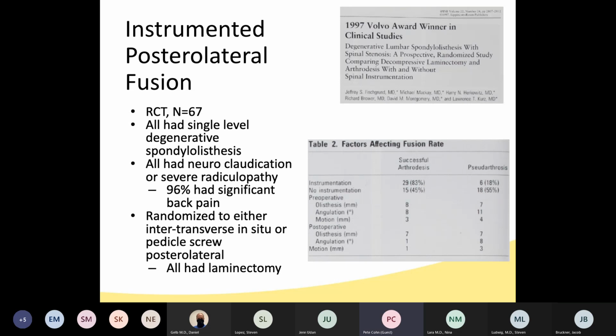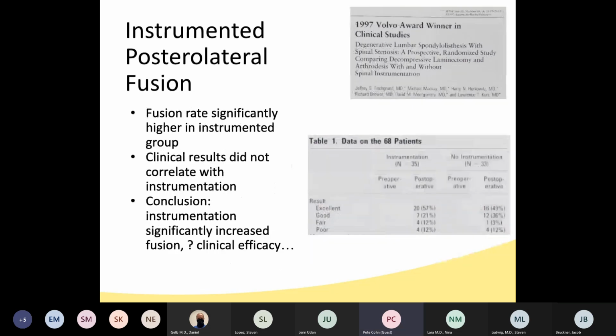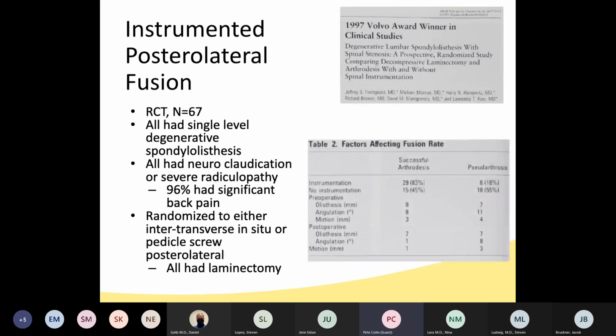The patients were randomized to either an uninstrumented fusion or pedicle screw instrumented posterolateral fusion, and all the patients had decompression in addition to the fusion. In their paper, the fusion rate was significantly higher in the instrumented group. So I think if you go back here, you can see the 83% versus 45%.